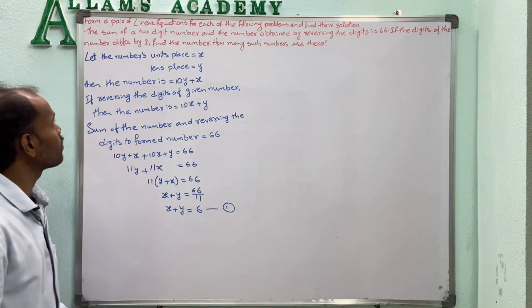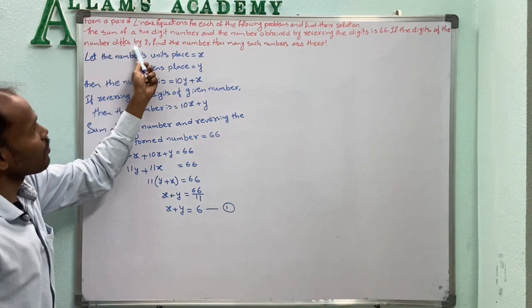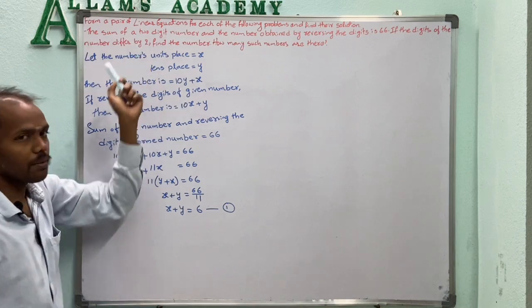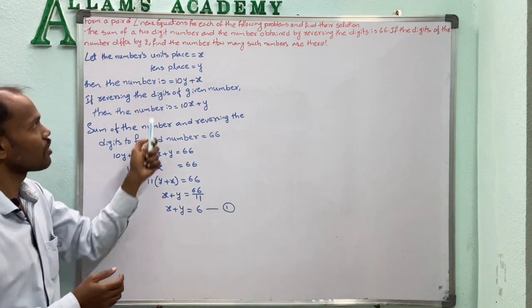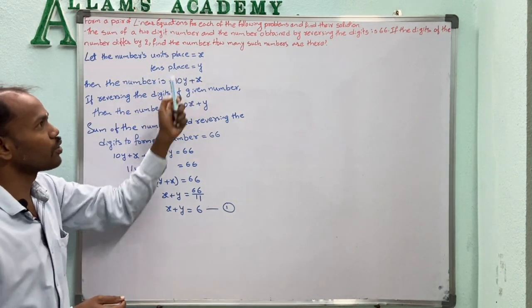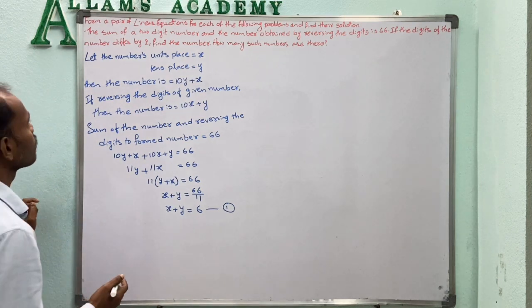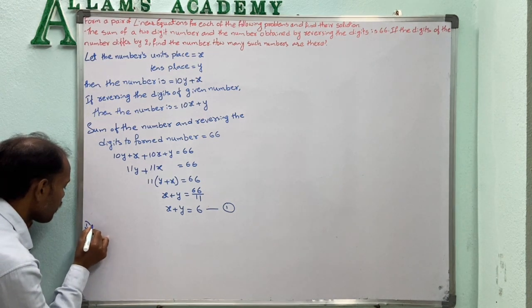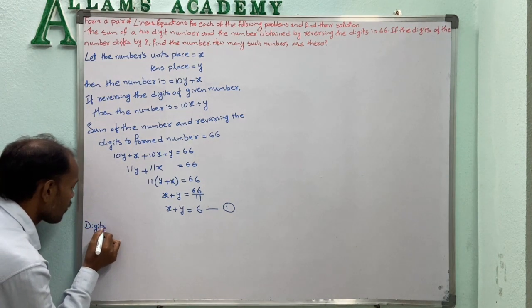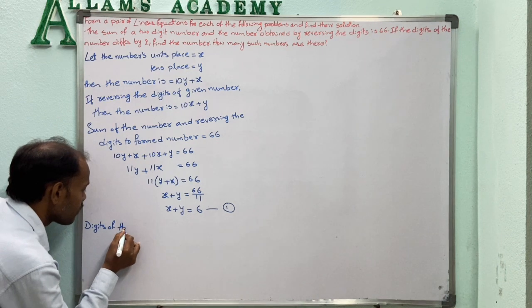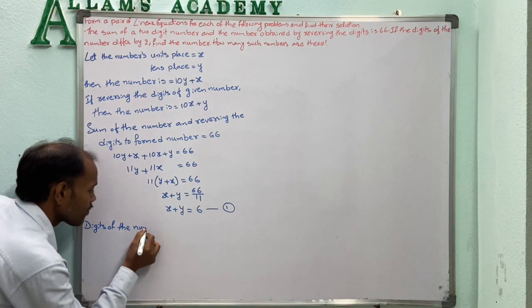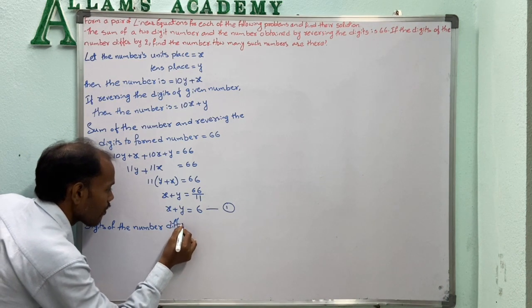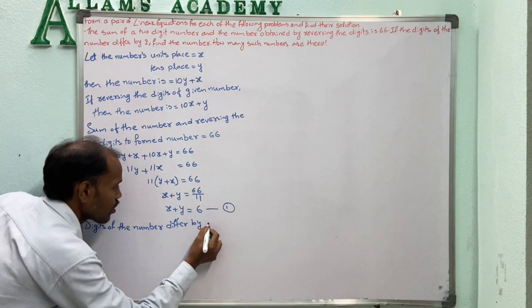Now the second condition given: the digits of the number differ by 2. So the subtraction of the two digits is 2.